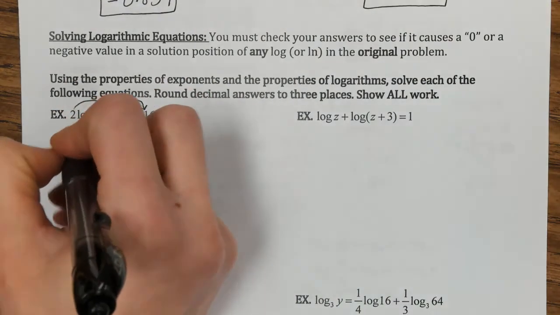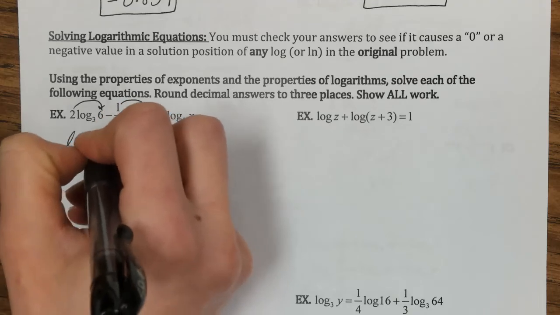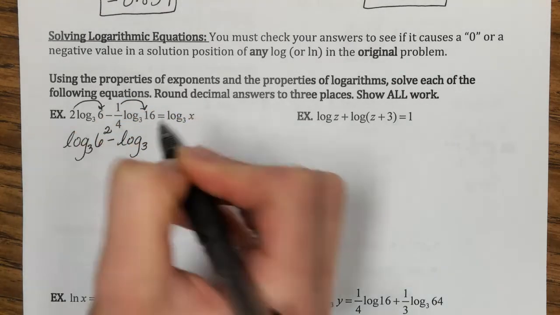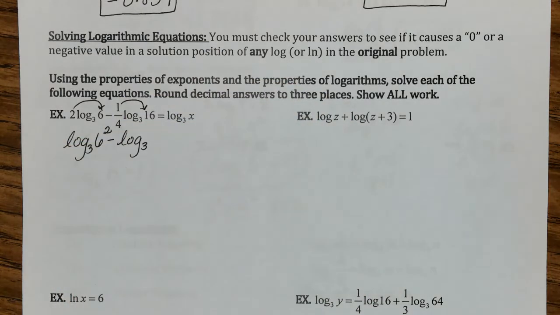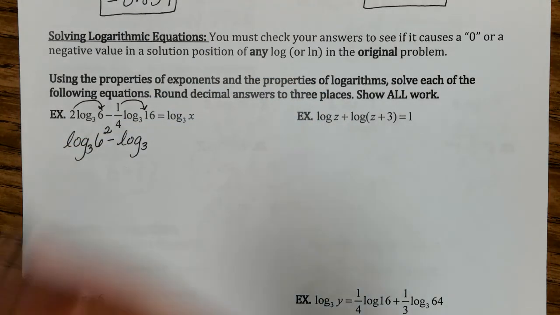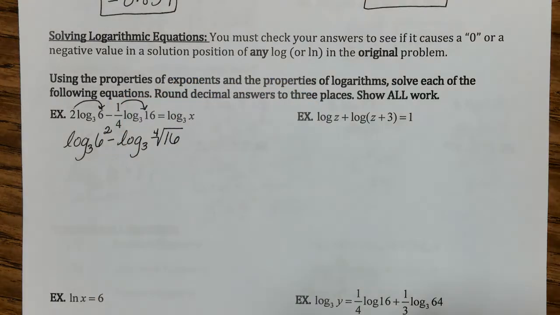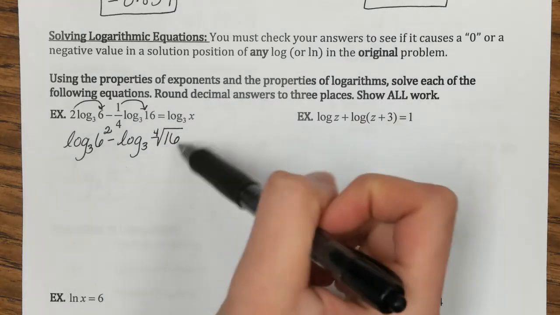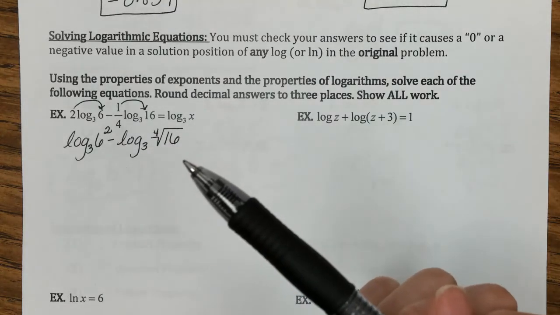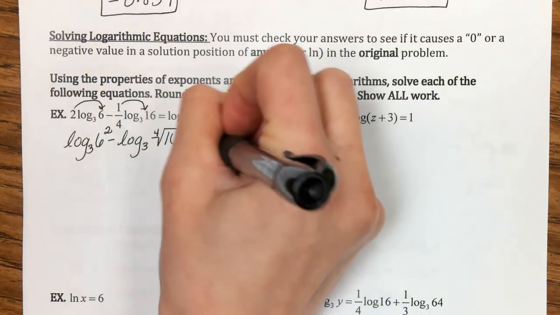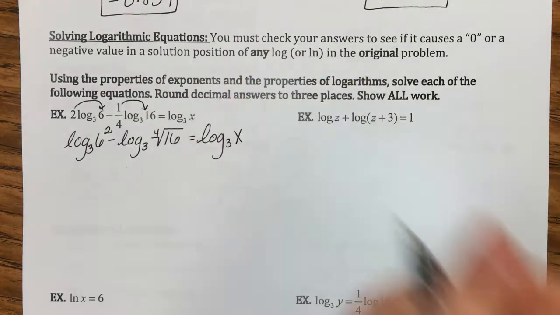So log 3 of 6 squared minus log 3 of... Now when I bring 16 to the 1/4, I am taking the 4th root of 16. I would rather work these in radical form. It does not matter what you prefer. Okay? Then that's equal to my log base 3 of x.